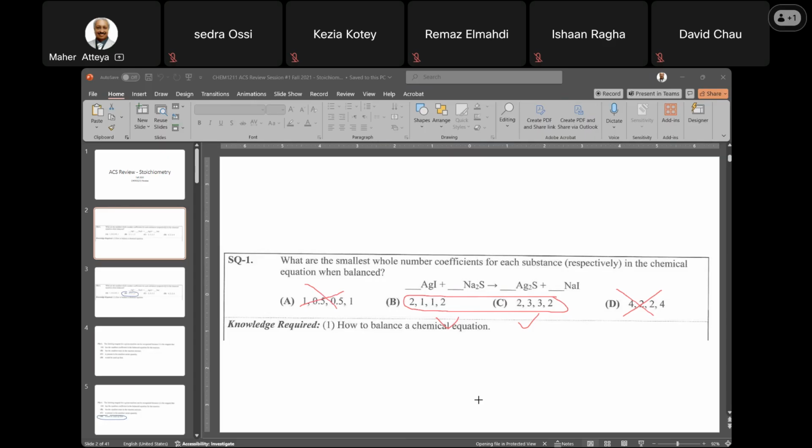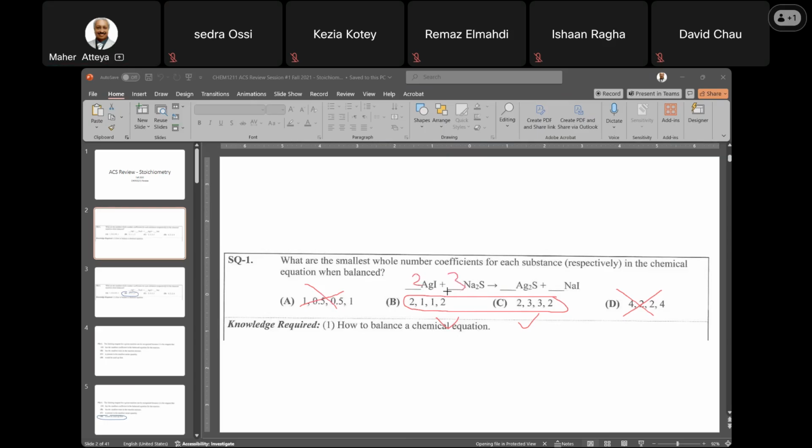Ready? Just put those numbers in, see. Which one? Just put H and C. If you think that C, just put here 2.